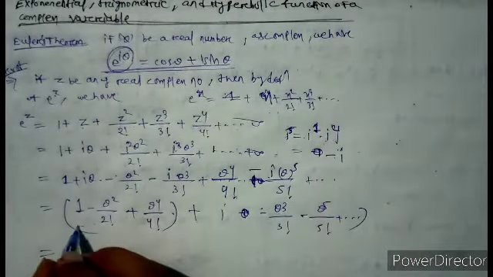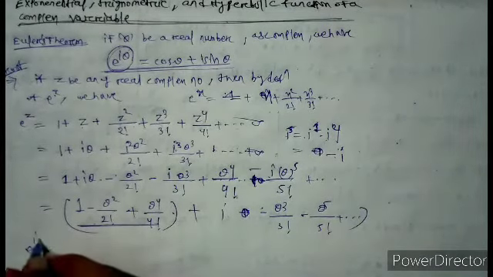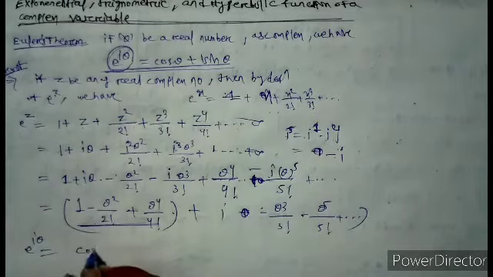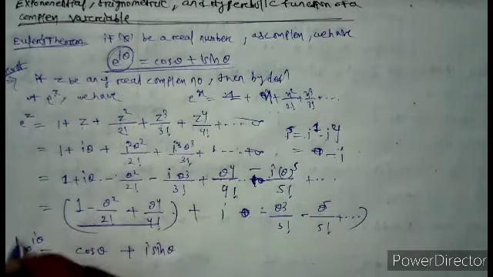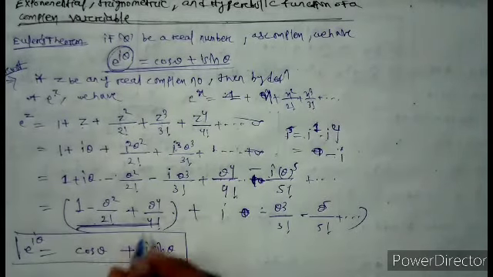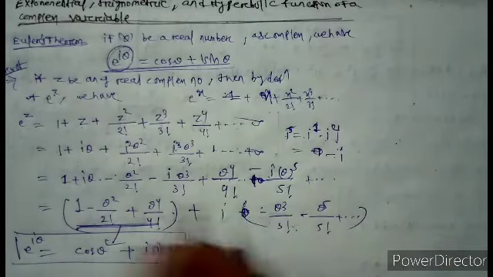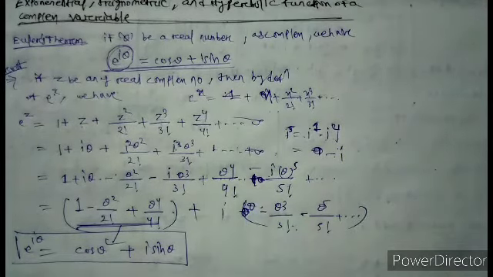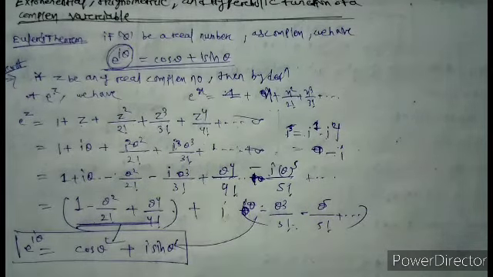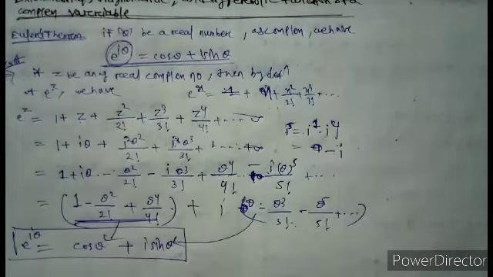So here we can write e to the power i theta is equal to cos theta plus i sin theta. In the place of the first series we write cos theta, and in the place of the second we write sin theta. Okay, this is the proof of Euler's theorem.